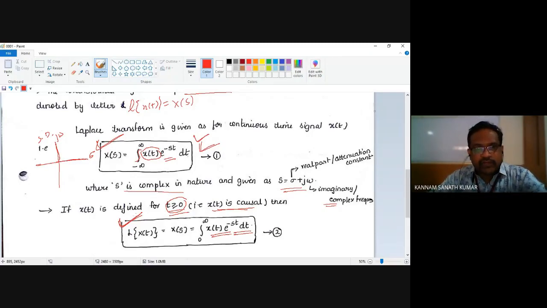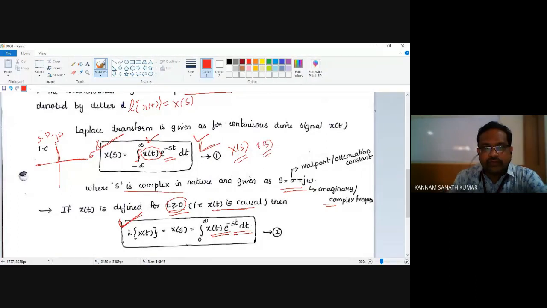Whatever signal we want to calculate the Laplace transform of, we put it in this equation, integrate, and calculate in terms of the S domain. That is X(s) or F(s) that you get, where s = sigma + j omega.